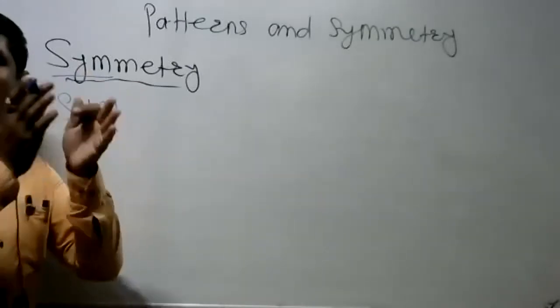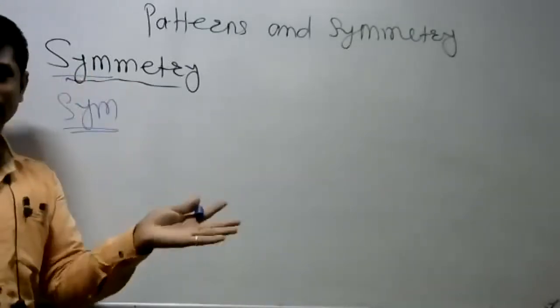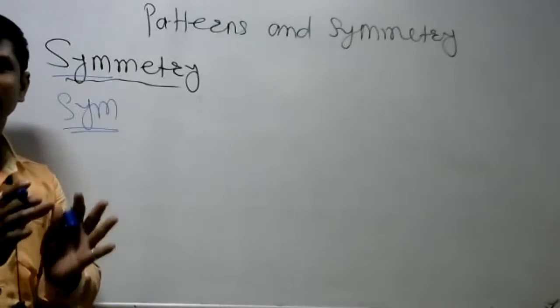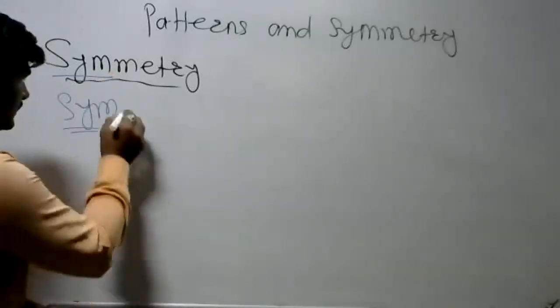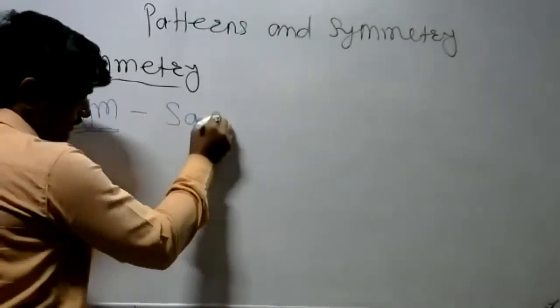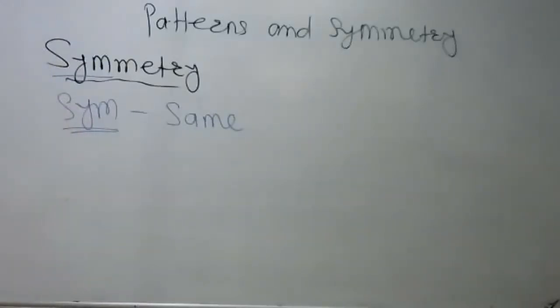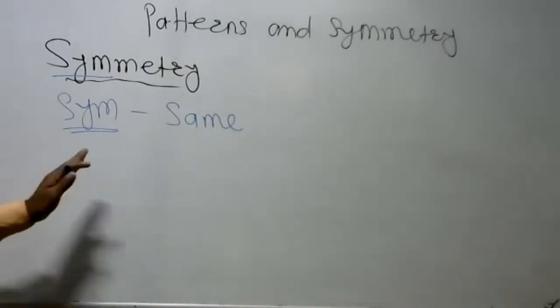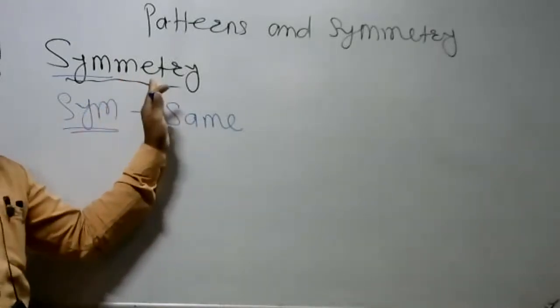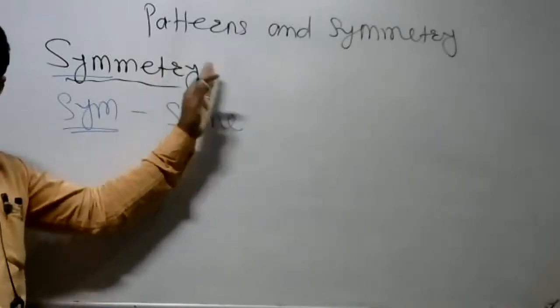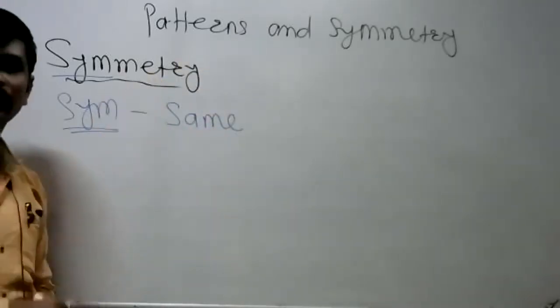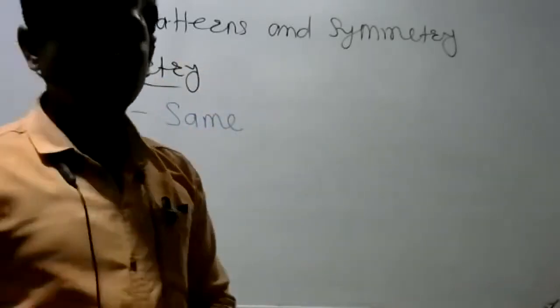It will be the division into two parts. Symmetry means same parts. Same means same parts of any diagram or any object. That is called symmetry. Okay. Understood about this symmetry?